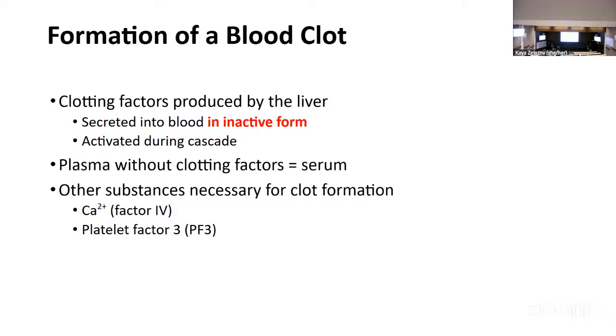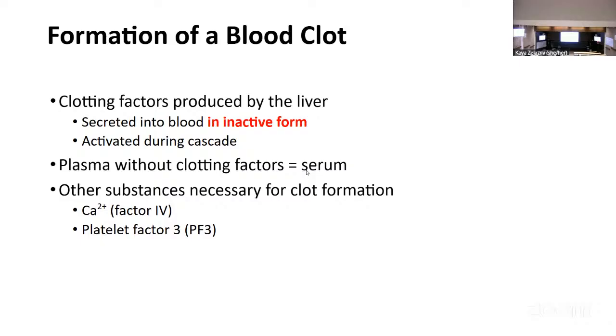So if you hear blood serum, that means we removed all these clotting factors so that serum doesn't have the possibility of creating a blood clot if you give it to a new patient.